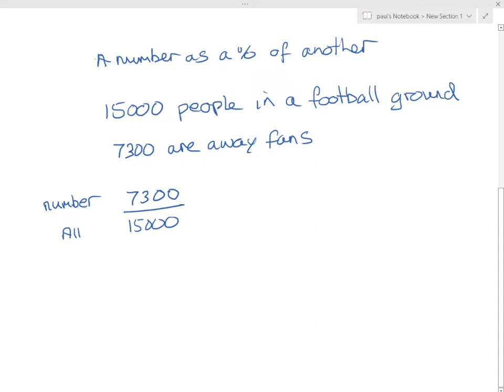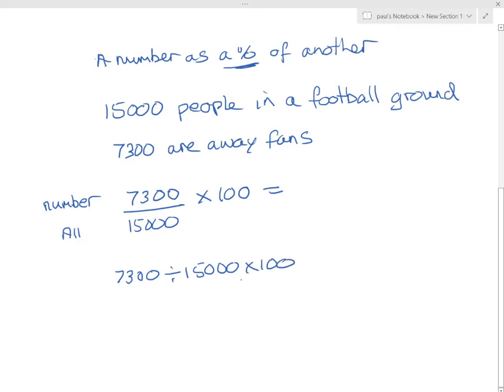15,000. Now, this is a fraction, and we change a fraction into a percentage because that's what we're finding. So we just multiply that by 100. That will be 7,300 divided by 15,000 times 100 on your calculator, all in one go.